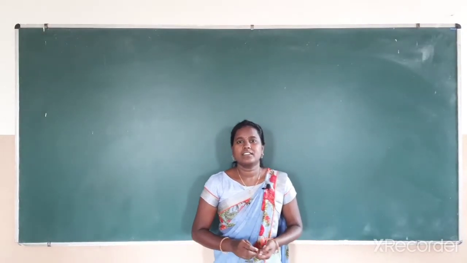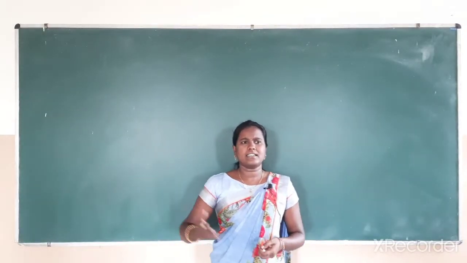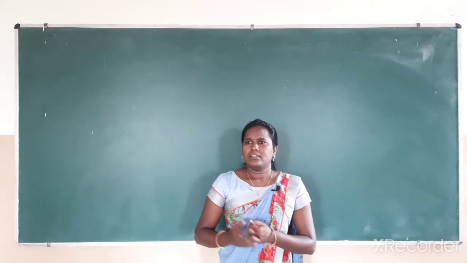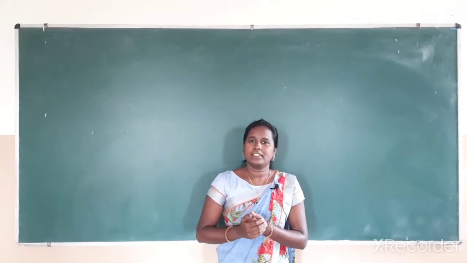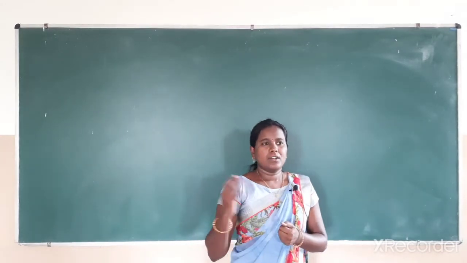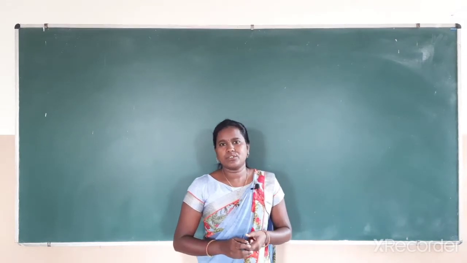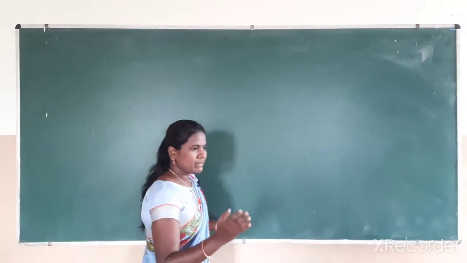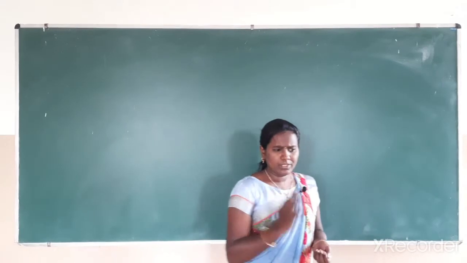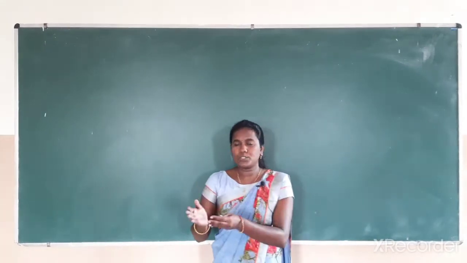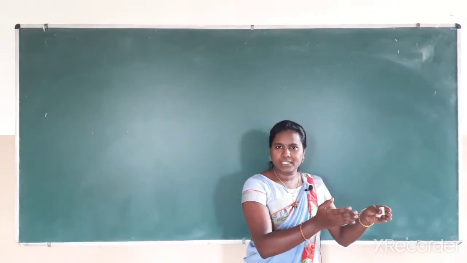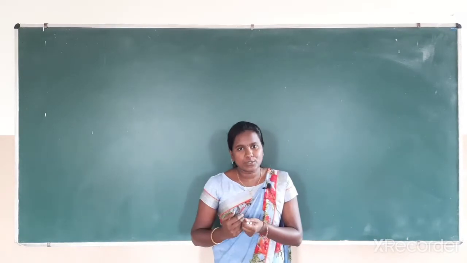We are in the lesson Integers. In the last class we have seen some properties on integers. Now we are going to move on to the multiplication of integers. In the multiplication of integers we have seen that when a positive integer is multiplied by a positive integer, we get a positive integer only.